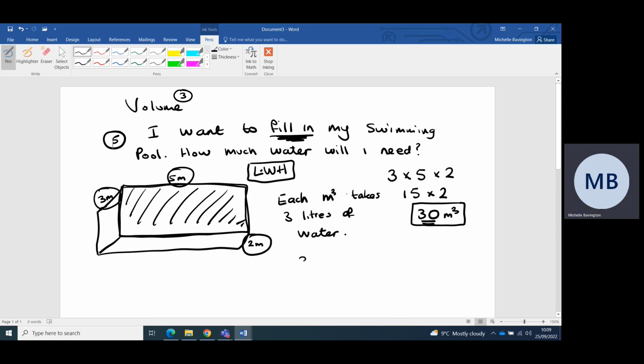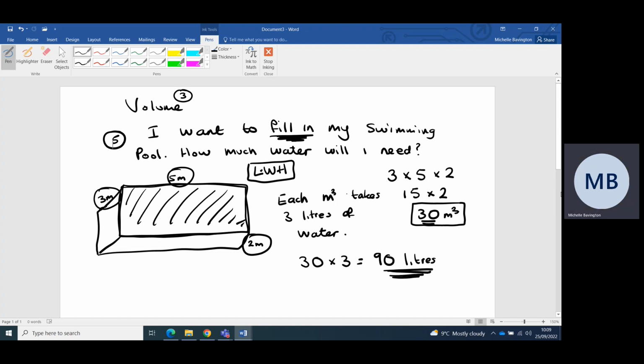So 30 times by 3 equals, nice and easy, you just got a 0 here. So 3 times 3 is 9 plus the 0. So it will take 90 litres.